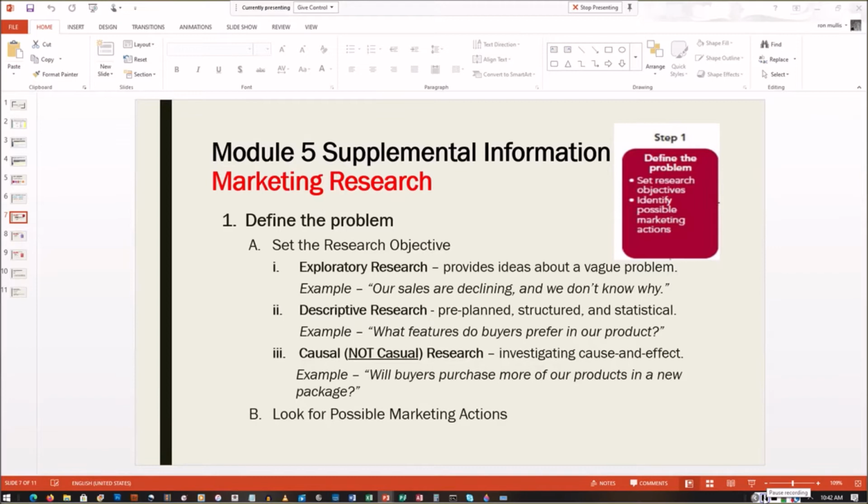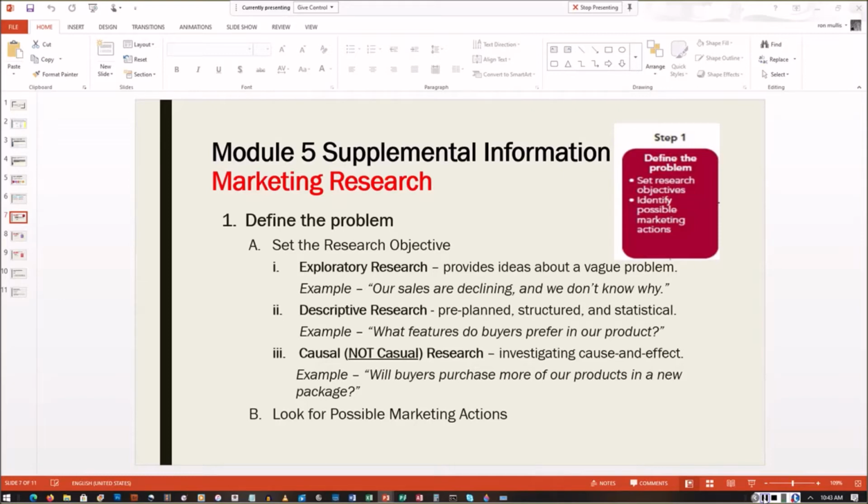So, as with any type of research assignment, it begins with defining a problem. The two key elements to defining a marketing problem are first setting an objective, and then, after you set the objective, looking for possible marketing actions. A research objective must be a specific and measurable goal that the marketer hopes to achieve through research.